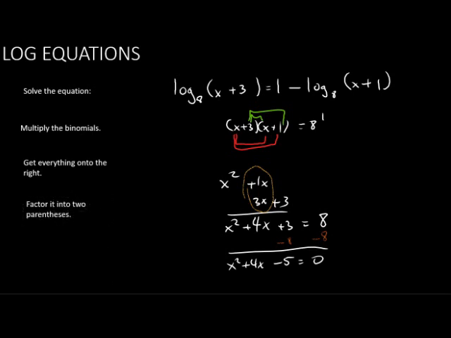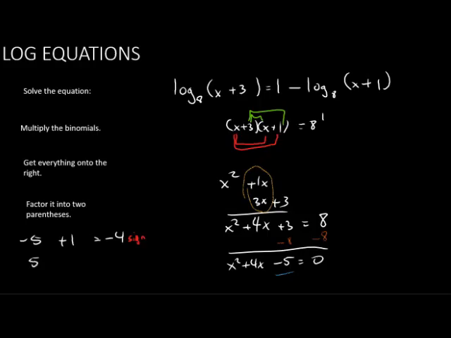Our constant in this second power equation is negative 5. Therefore, we'll try to find two numbers that multiply to negative 5. If we take negative 5 and positive 1 and multiply, we would get negative 5. If we add, though, negative 5 plus 1 gives negative 4. It's the right number, but not the right sign because we want positive 4.